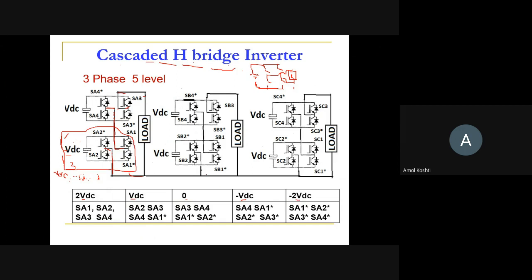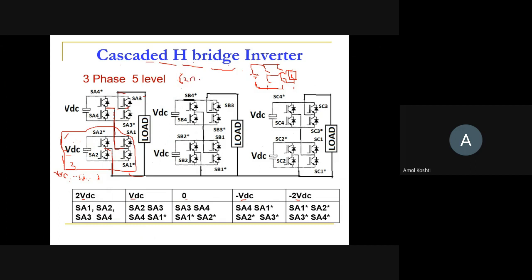So in total we get 5 levels of output when we connect the two bridges in a cascaded manner, and cascaded means in series. When we connect the two cells in series, we get the 5 level output. There is one generalized formula for this: as we increase the number of cells in the circuit, the number of output levels is 2n plus 1.